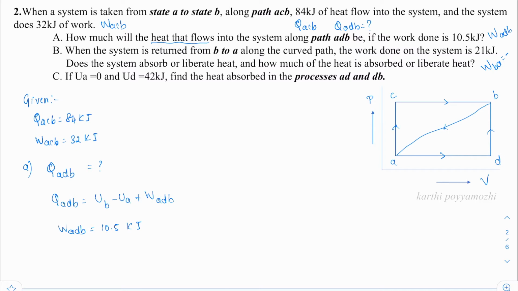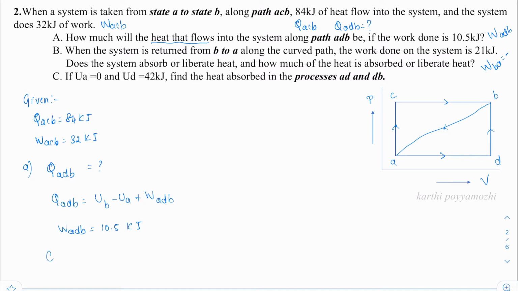So first we have to find the value of UB minus UA. We can find the value of UB minus UA from these two values, that is the heat transfer along the path ACB and the work done by the same path, which is 32 kilojoule, and both the values are given. So by using these two values, you can find the value of UB minus UA.